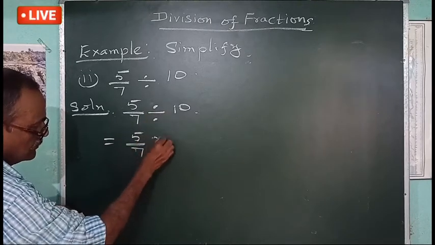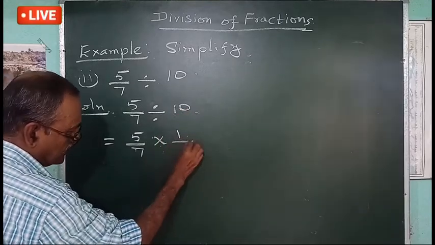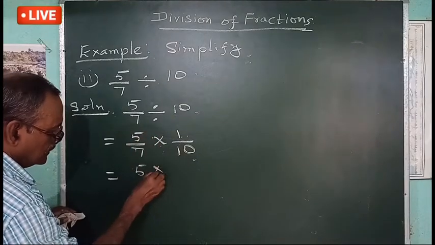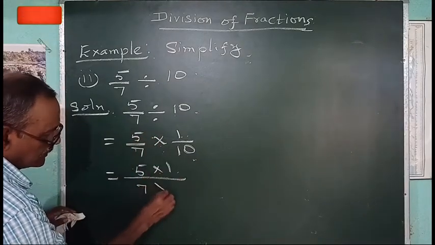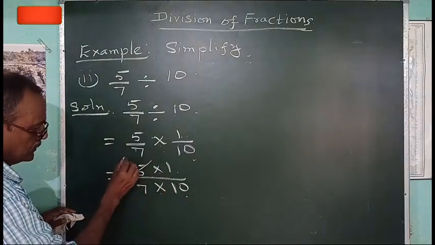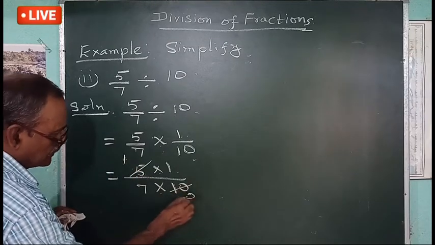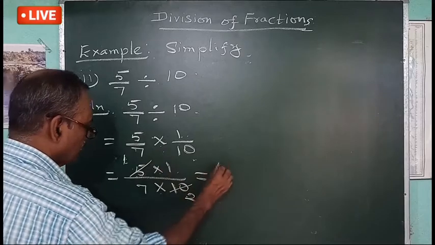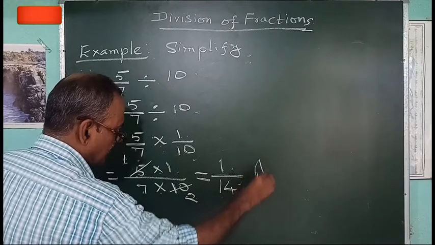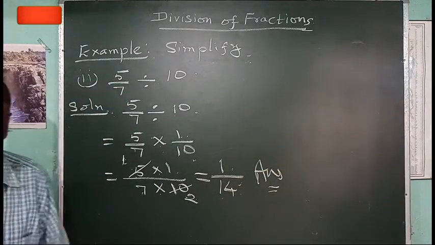Change this into multiplication sign and get the reciprocal of 10 as 1 by 10. Now multiply the numerator into numerator and denominator into denominator. So cancel 5 and 10, you can cancel. Divide by 5, 5 ones are 5, 5 twos are 10. So 1 into 1 is equal to 1 and 7 into 2 is equal to 14. This is the answer. So this is another example.